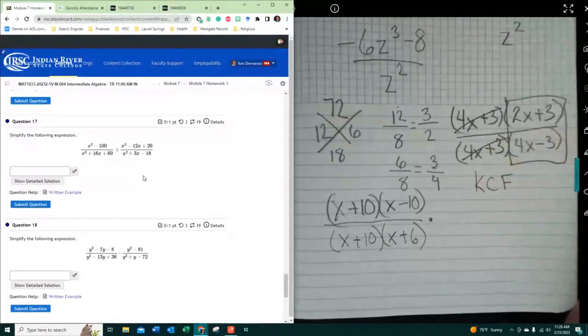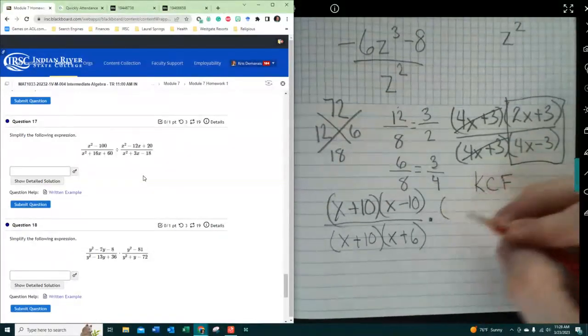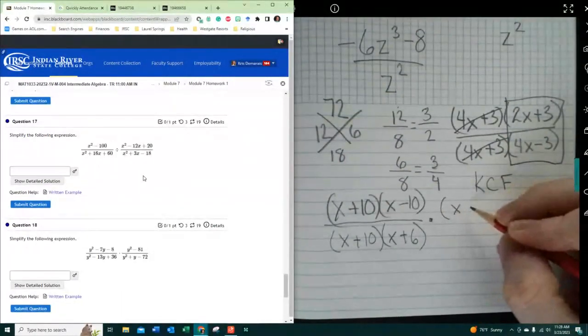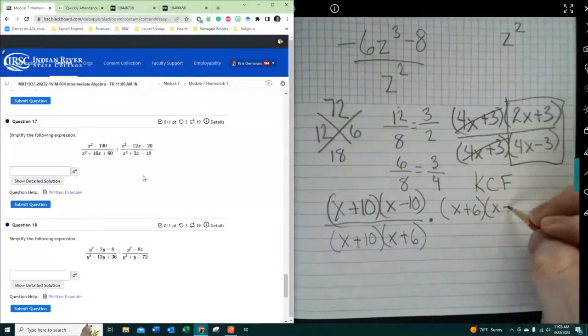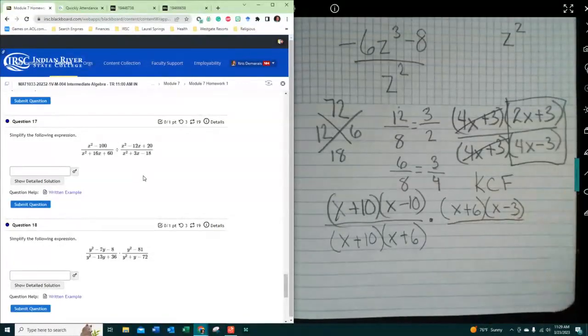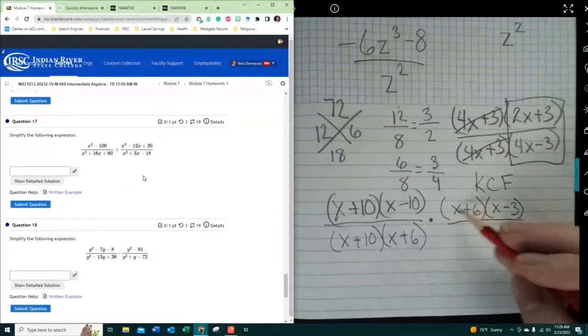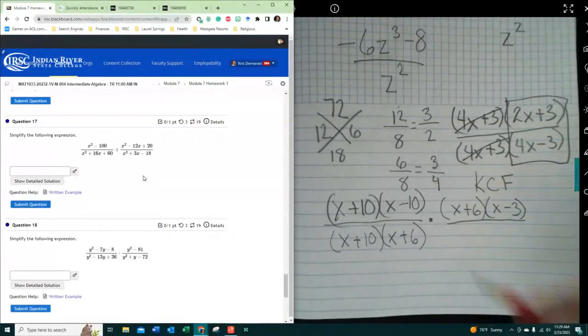So what two numbers multiply together to create negative 18 that add up to 3? So that's going to be 6 times 3. So we're going to go ahead and look at it being positive 6 and then we have negative 3. Now we're going to go ahead and put it as the numerator. So I did the denominator as the numerator.